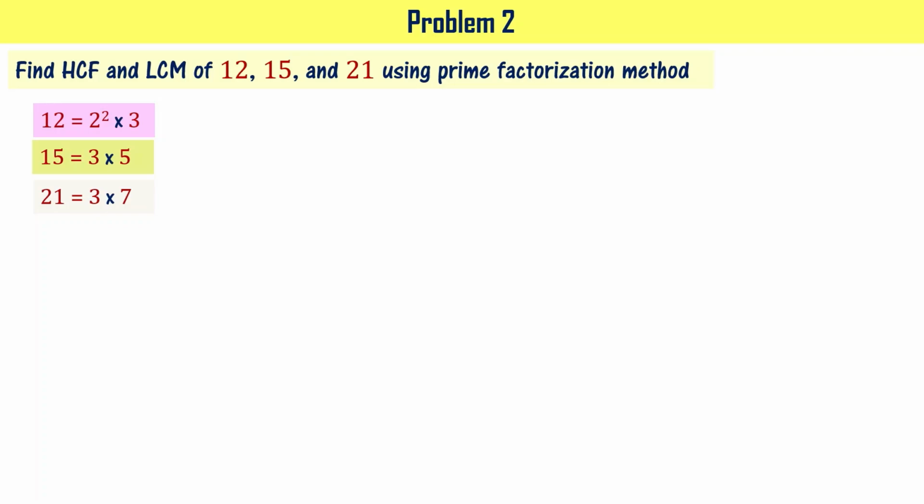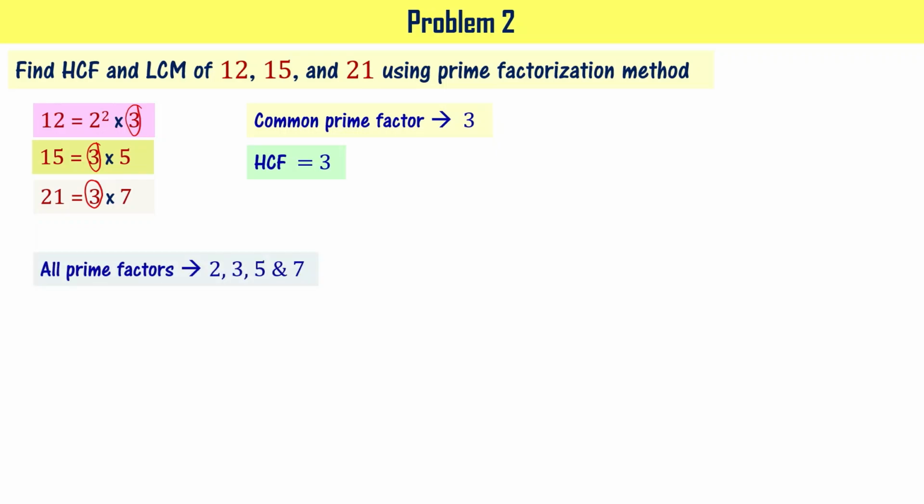If you observe these three numbers and their prime factors, what you see is 3 is the only common prime factor, right? That is here, that is here. Other than that, you don't have any common prime factor. So since only one common prime factor exists for this combination of numbers, you say that HCF is 3, right?